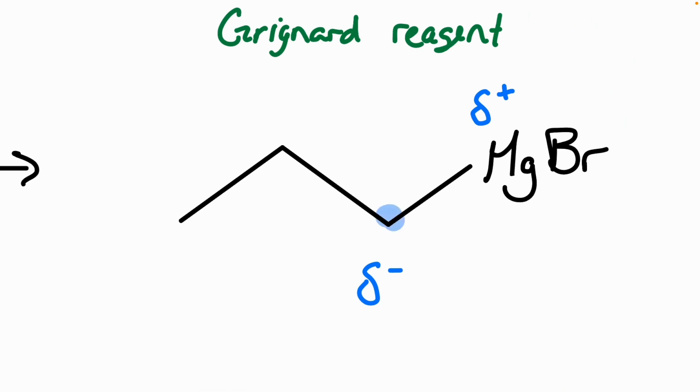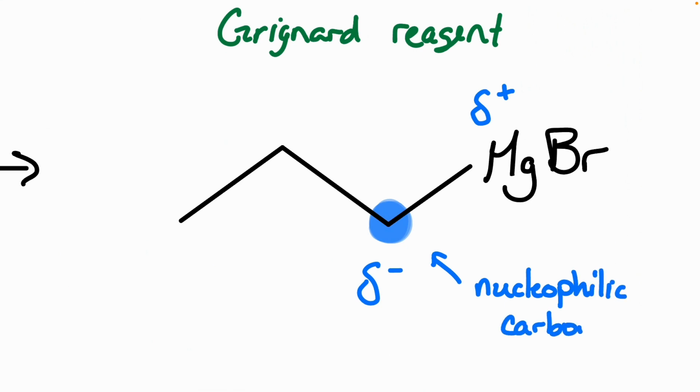And what do we call something that has lots of electrons, something that's very electron dense? Exactly. And so these Grignard reagents have this nucleophilic carbon.